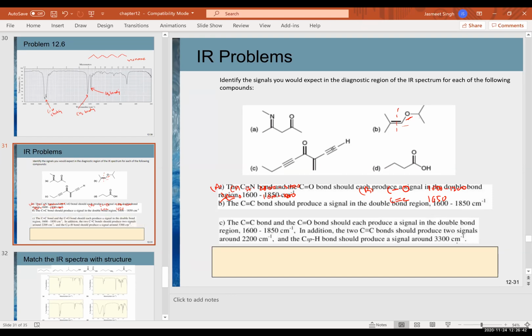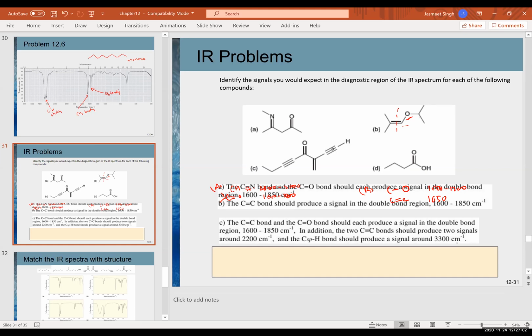So here C double bond C and C double bond O should each produce a nice signal, and they will probably be in the same region, but you will still be able to see. And then C triple bond C will also be a nice signal there.